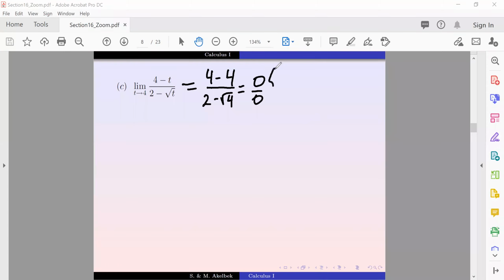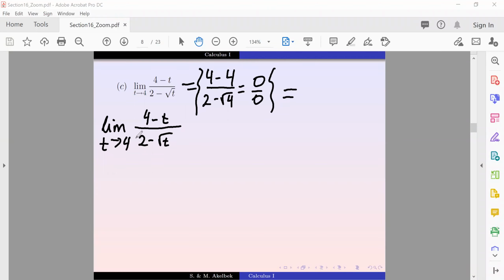I'm getting the symbol 0 over 0. If you don't get 0 over 0, then you have a different case. So in that case, we do need to reduce or do something. So we have the limit as t goes to 4 of 4 minus t over 2 minus square root of t. And in that case, we're gonna multiply by the conjugate.